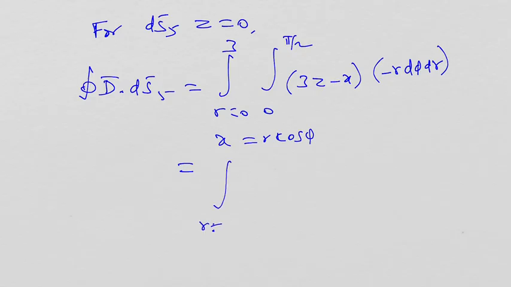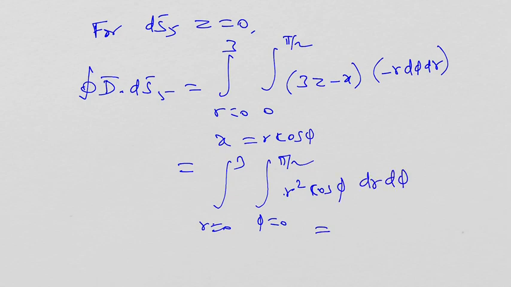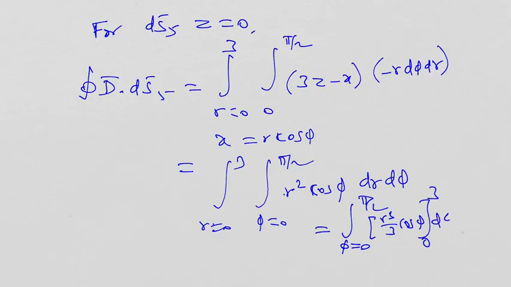So when I consider the lower limit is 0 and upper limit is 3 and lower limit is 0 and upper limit is pi by 2, the value will become r squared cos phi dr d phi, which will be given by phi is equal to 0 to pi by 2, r cube by 3 cos phi, lower limit is 0, upper limit is 3, d phi.